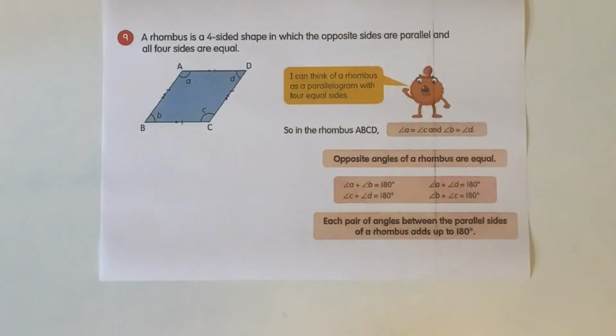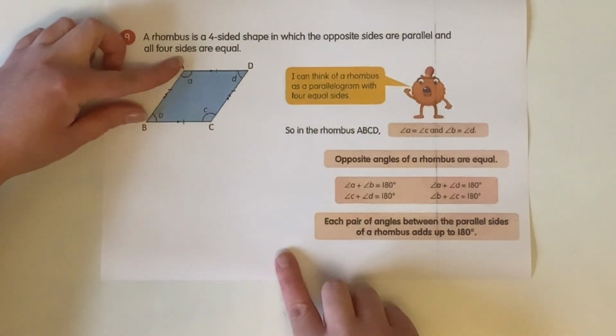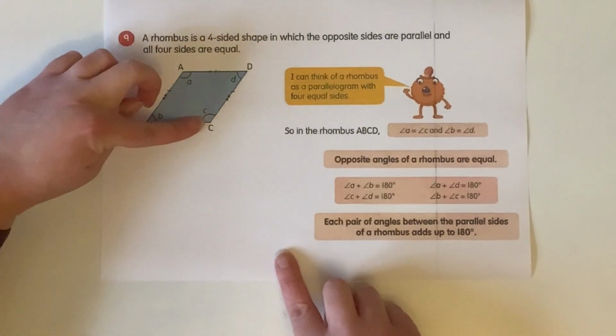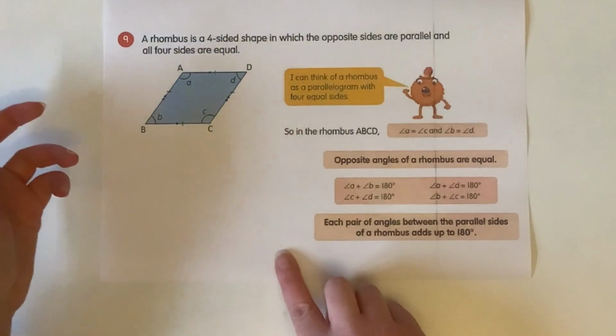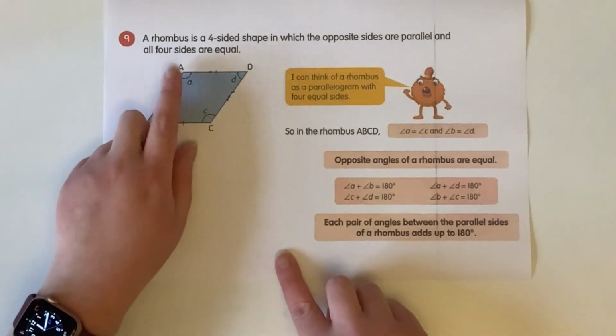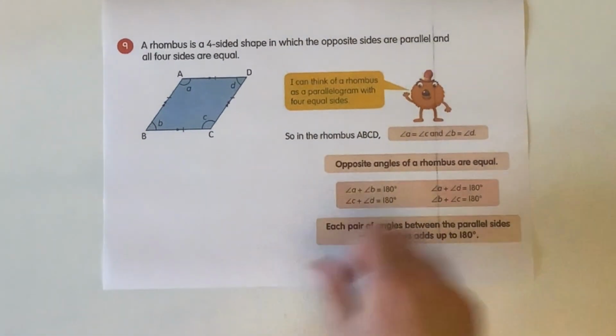So angle A and angle B add up to 180 degrees, angle D and angle C add up to 180 degrees, angle B and angle C add up to 180 degrees, and finally A plus D equals 180 degrees. So the properties are the same, the only difference is the sides are equal in length.